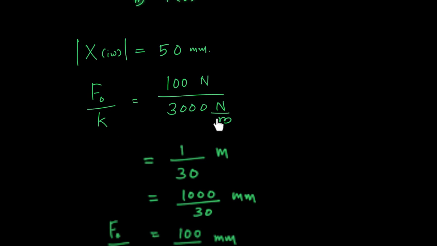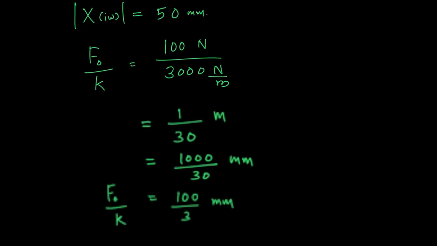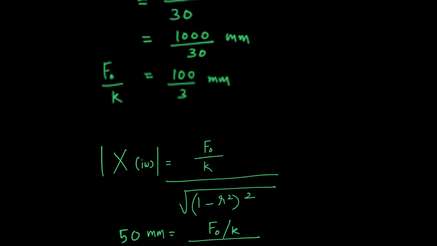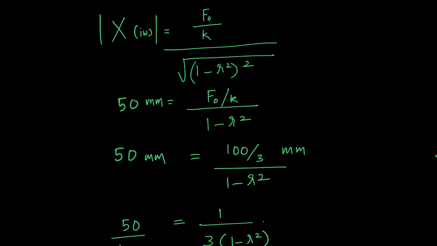See, I always keep track of my units, so I'm converting the static deflection into mm for the sake of simplicity. Then plugging back into the equation for the amplitude of steady state response, I am reaching here.